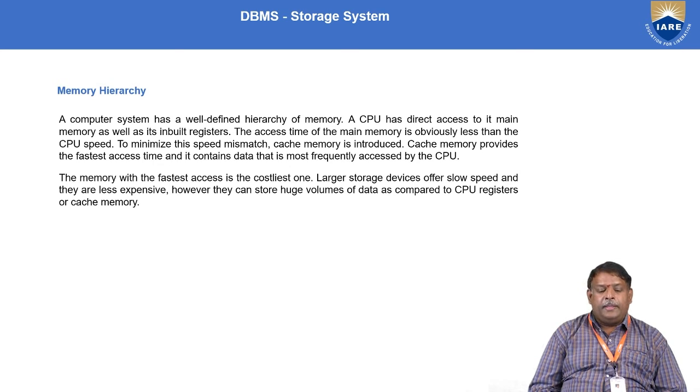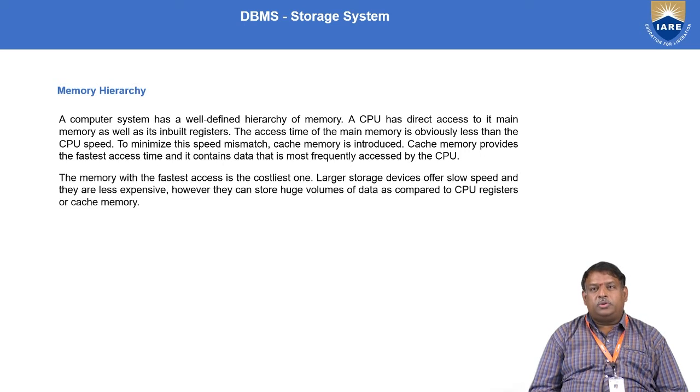Memory hierarchy. A computer system has a well-defined hierarchy of memory. A CPU has direct access to its main memory as well as inbuilt registers. The access time of the main memory is obviously slower than the CPU speed. To minimize this speed mismatch, cache memory is introduced. Cache memory provides faster access time and contains data that is frequently accessed by the CPU.